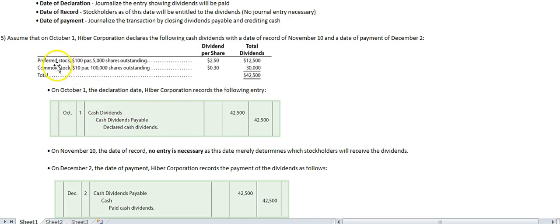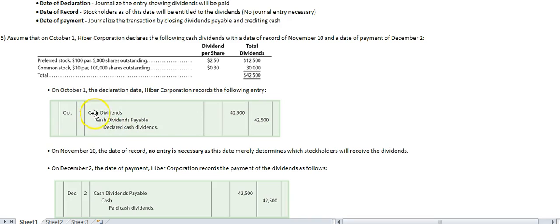As you can see here, it's a combination of preferred stock and common stock. So they're going to do this entry of cash dividends right here, 42,500, which they declared, and cash dividends payable 42,500.